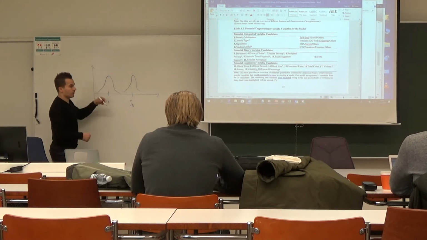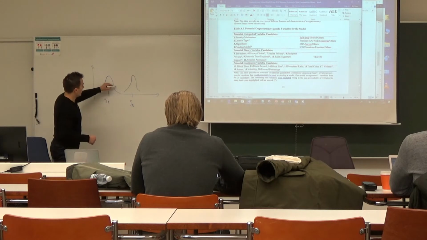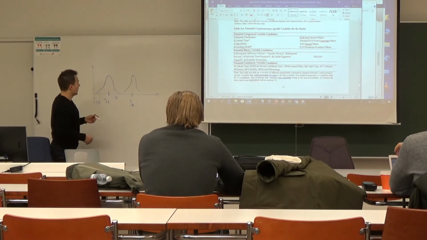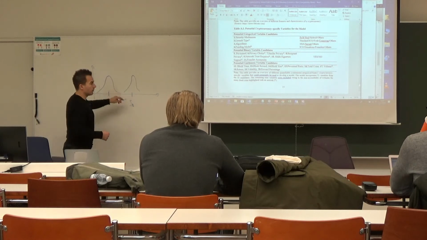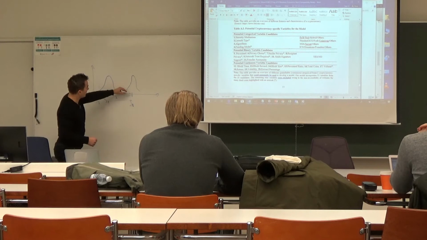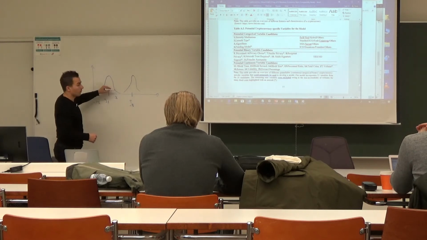Once you know the distribution of this one sample, you also know the critical values. If they are normally distributed, we have 1.96 and minus 1.96. Then you just check whether the value of the second group falls into this interval of the first group.